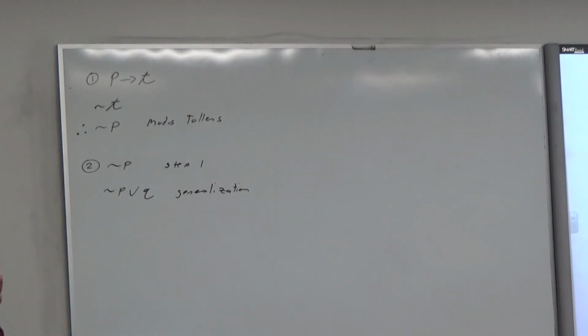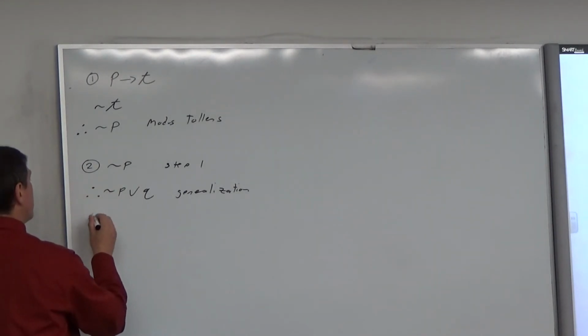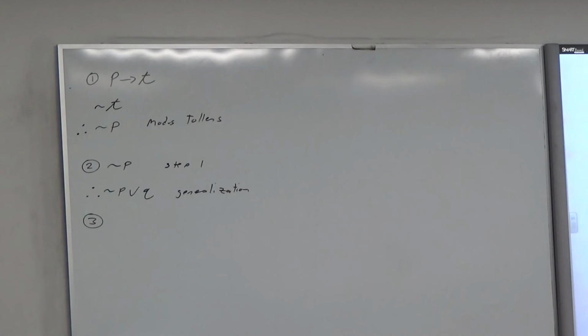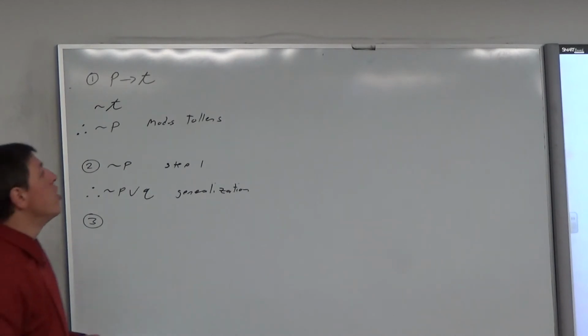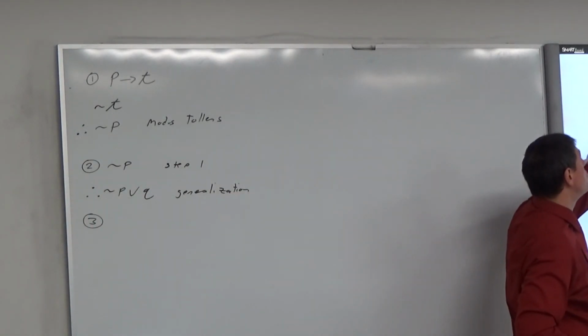Sometimes you have to build a statement, and you can use whatever or you want. In this case, Q helps us out. And then, by the way, this is a therefore. Sorry about that. Okay. Step 3. We can use not P or Q. So, wouldn't it seem likely that we should probably use this?